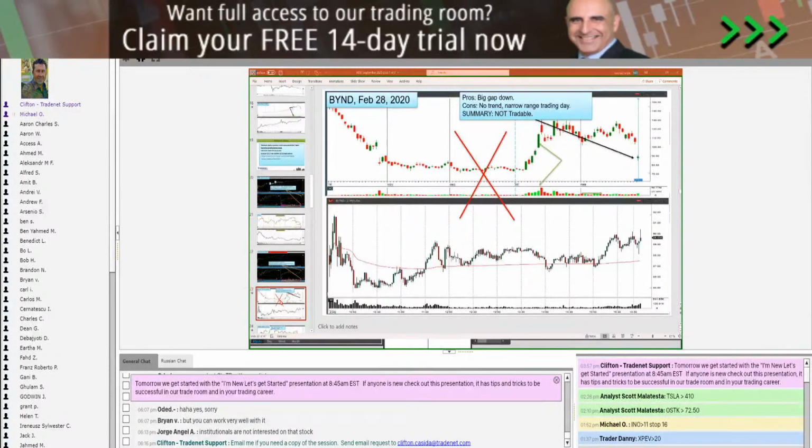Okay, so in this case, the gap up, or in this case the gap down, is an illusion. It's not something that is helping us reach a better decision. Now, if you look at the intraday chart, you see exactly what I mean. The stock is basically moving sideways for 5 out of the 6 trading hours.